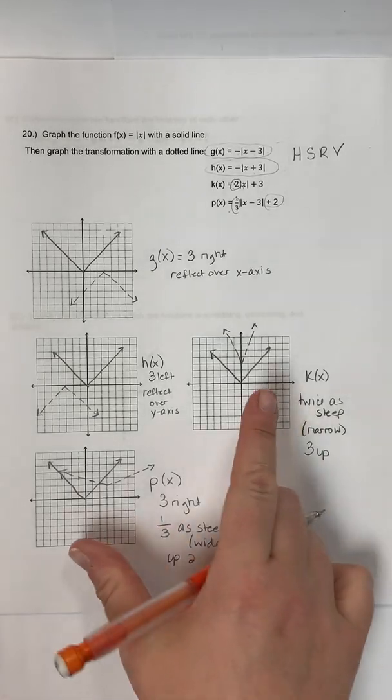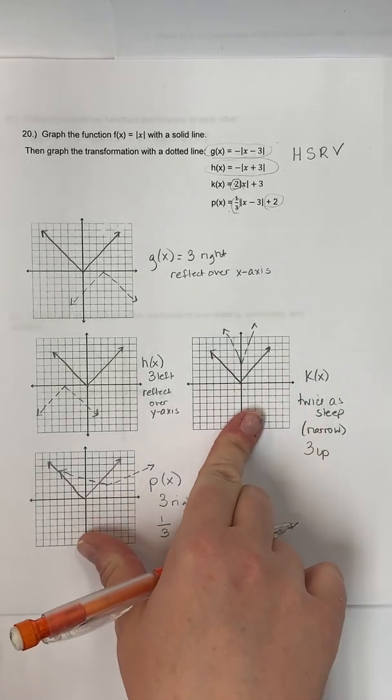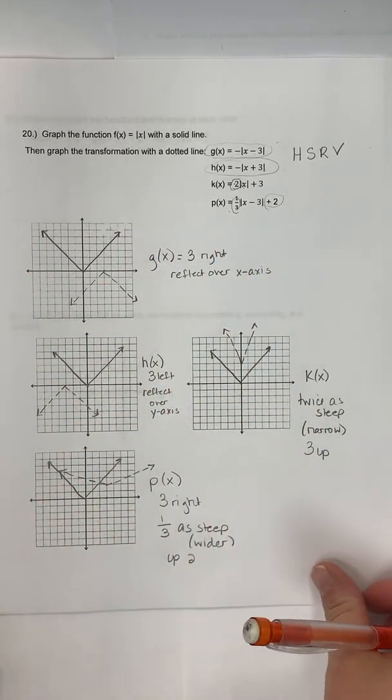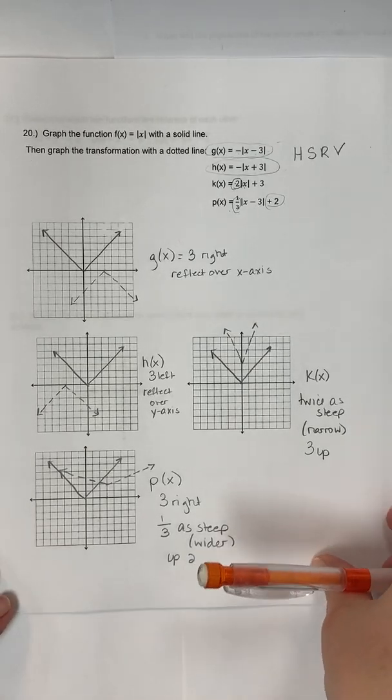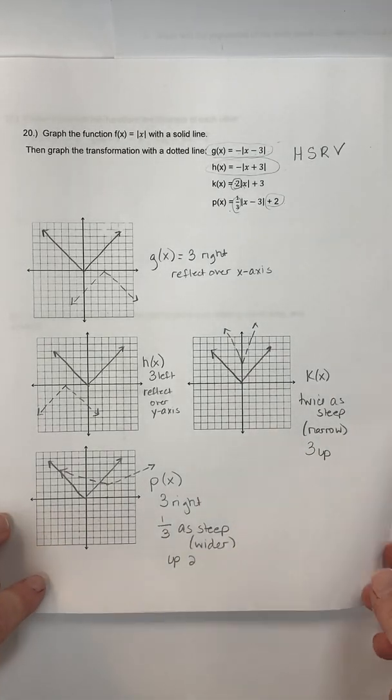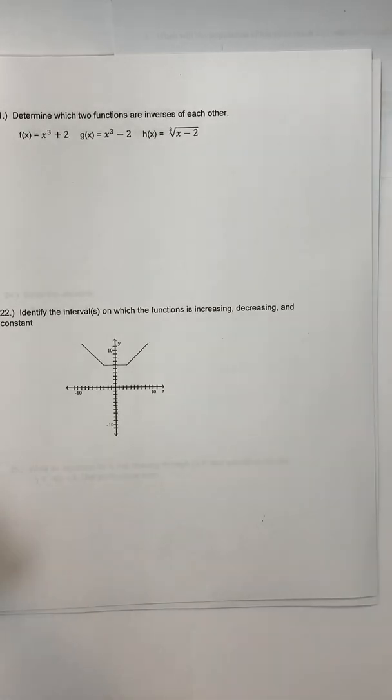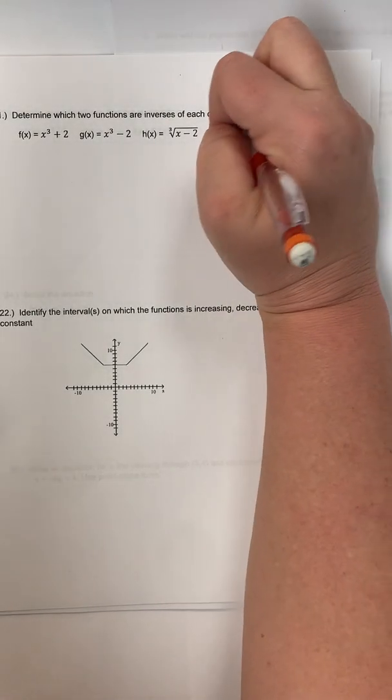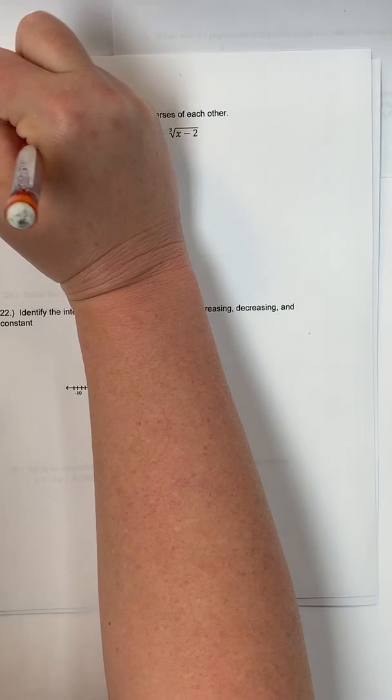Okay. So make sure you're comfortable with these and that you know which graph it is that you're looking for. Okay. All right, let's go on, look at number 21. Number 21 says determine which two functions are the inverses of each other. Well, here's how you're going to know that.